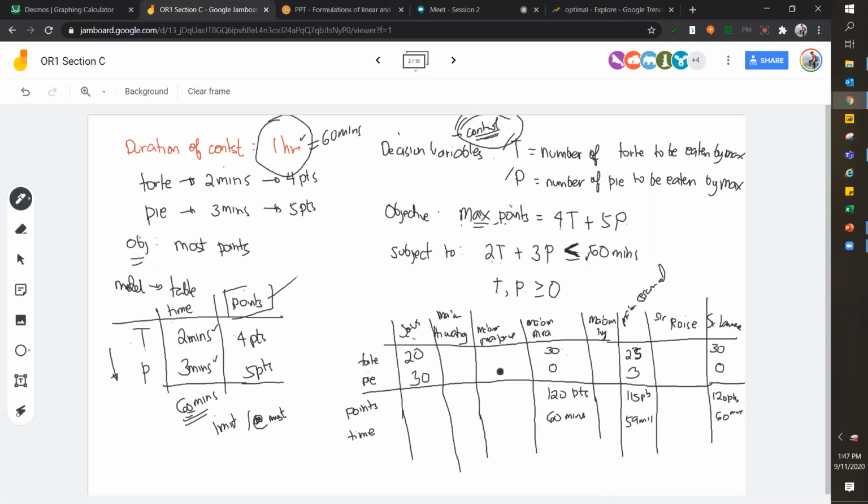Sorry, mahina tayo sa math. 150 plus 80, uy, 230 ako. Mukhang ako na yung manalo. 230 points.